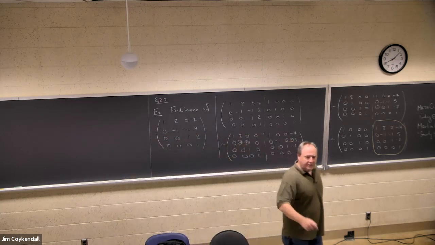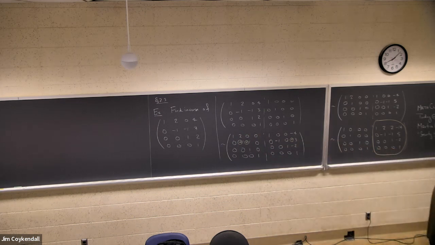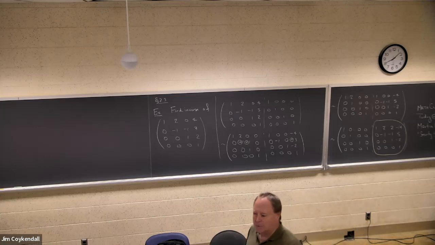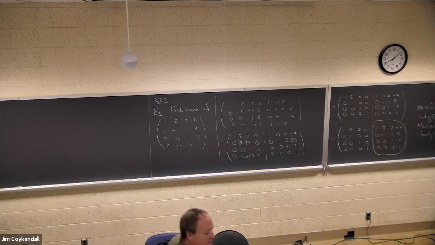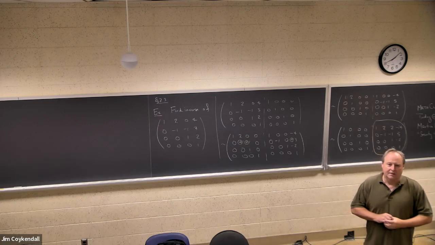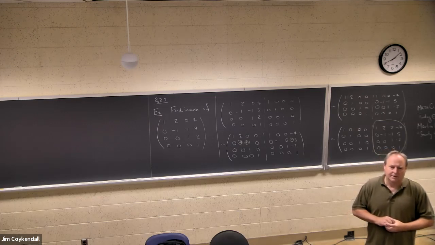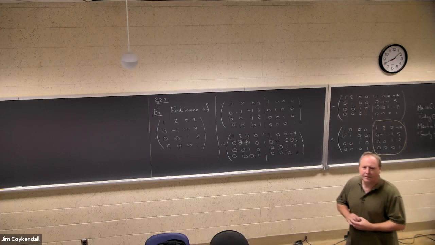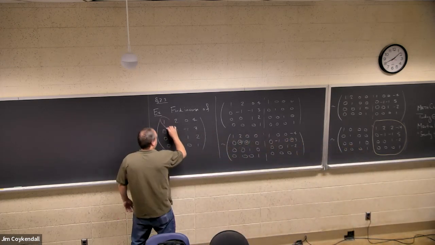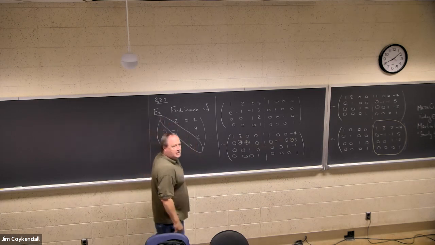Let me ask you this: if you think about pivots, suppose I walk up to you on the street and give you an upper triangular matrix. Can you give me a quick way to just put your eyeballs on that and tell me yes, it's invertible, or no, it's not? Okay, so if it's upper triangular like this, look at the diagonal.